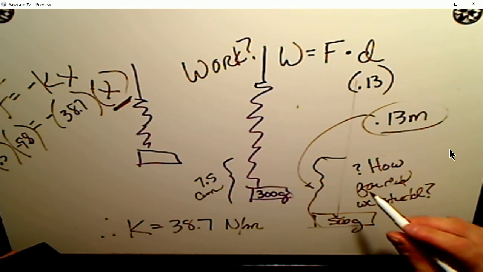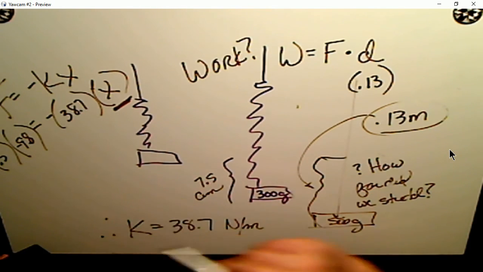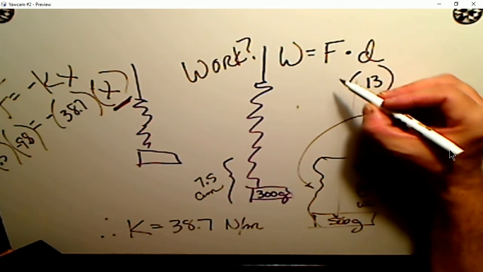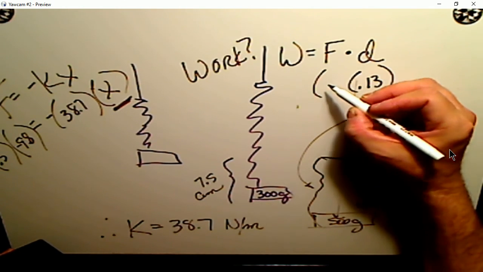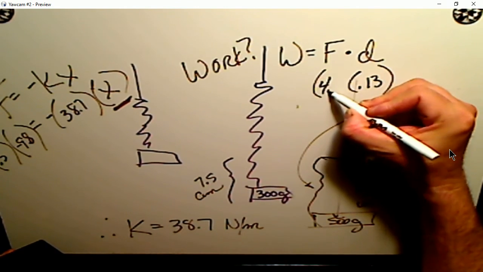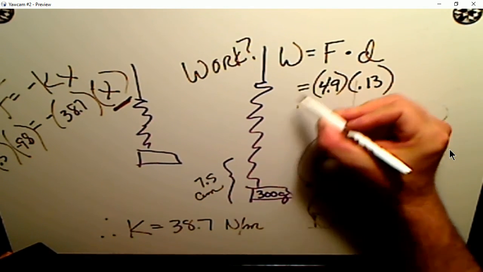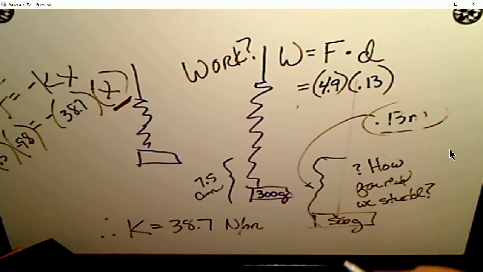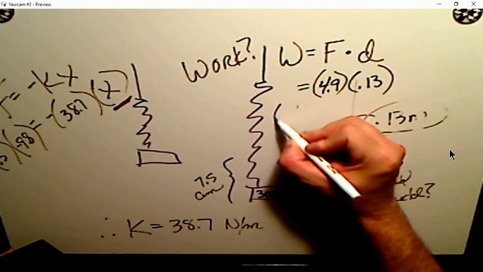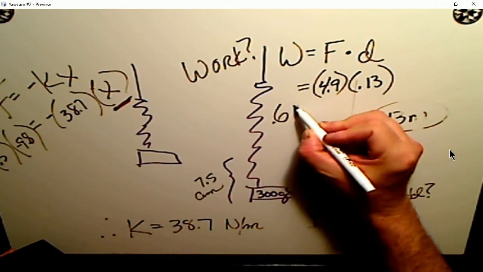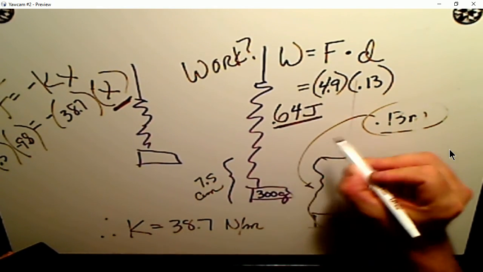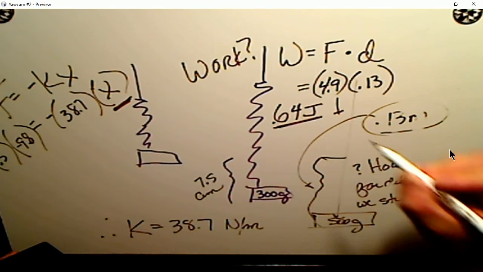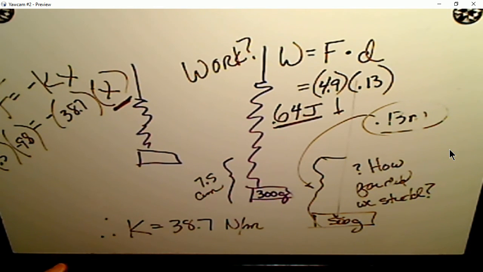The force is 0.5 times 9.8. Okay, and that's 4.9. So the work done is 0.64 joules. The work done by gravity in the downward direction.